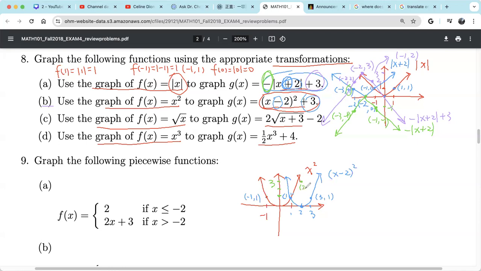So this is our vertex 2, 3. Because vertical shifting is changing the function value or the y value. And this 1, 1 now becomes 1, 4. And this point 3, 1 now becomes 3, 4.